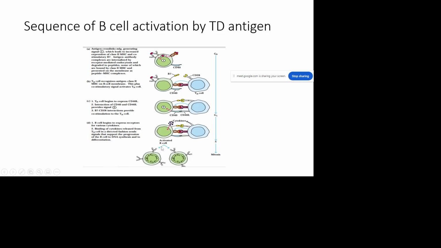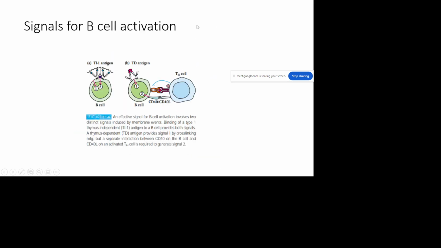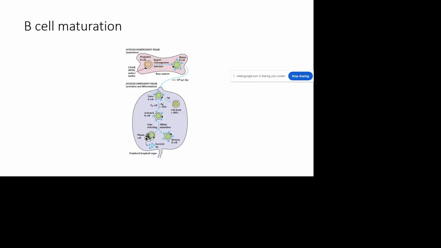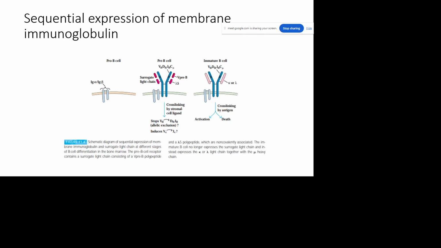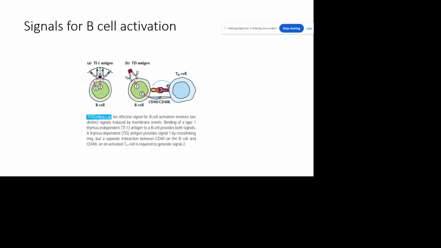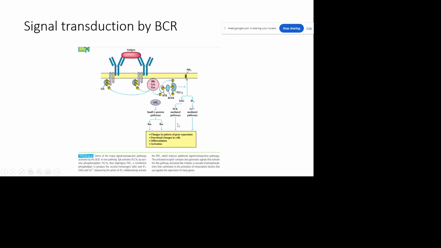Now activated B cells will start entering into the cell cycle, which will allow the B cells to proliferate. So that's how B cell activation and proliferation happens. When a B cell gets matured in the peripheral lymphoid organ by antigen stimulation, if it is a thymus dependent antigen, then it will give you two signals.